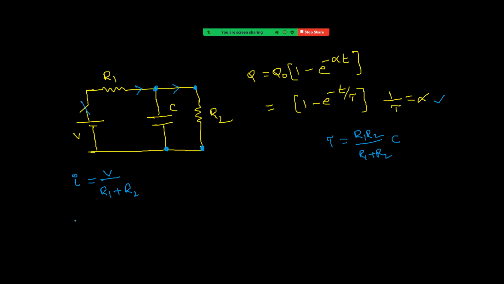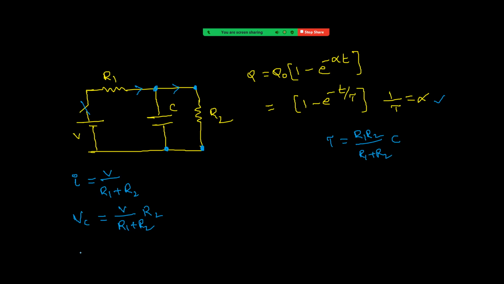Therefore, potential difference across capacitor maximum value is equal to current V by R1 plus R2 into R2. This gives potential difference.